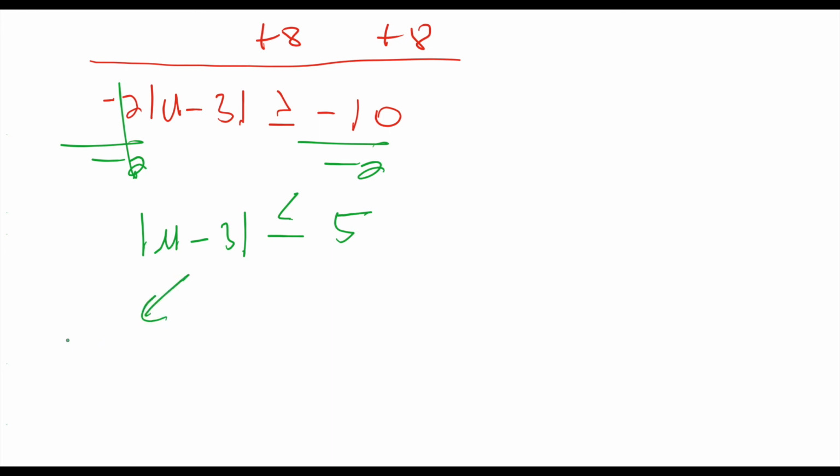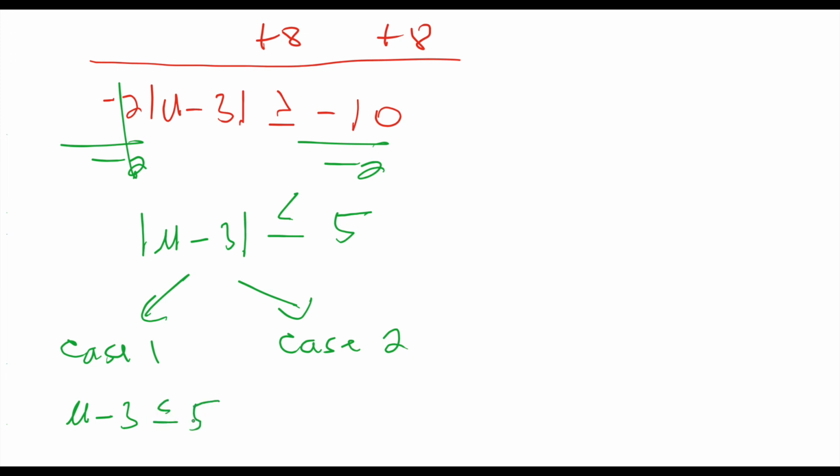Case 1. Case 2. That's a U. Yeah, clearly. There's a big gap right here. Okay. U minus 3 is less than or equal to 5.